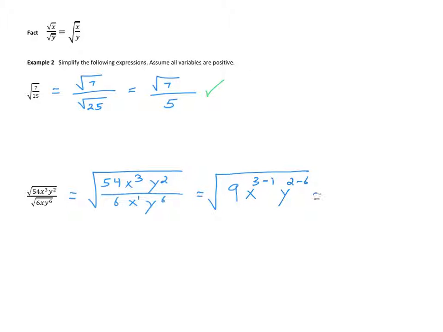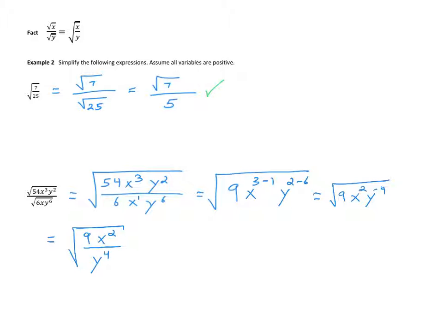And this really is equal to the square root of 9 times x squared y to the negative 4th. And that negative exponent on the y really means I'm dealing with a fraction. I have 9 and x squared in the numerator, but only the y to the 4th goes to the denominator.